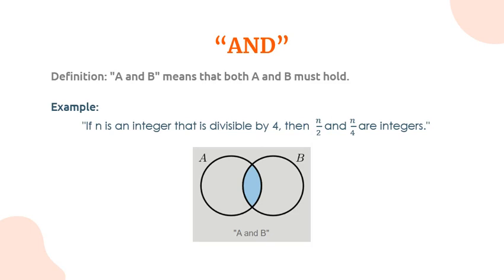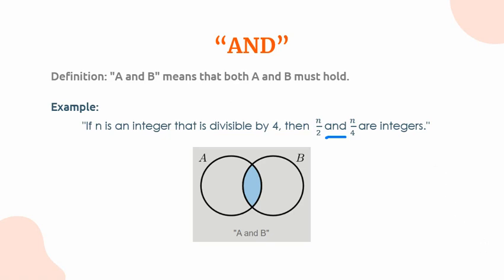And for example here, consider the statement, if n is an integer that is divisible by 4, then n over 2 and n over 4 are integers. Okay, so although our example here, mura siya og if then no dili siya mura, but if then ang ihang form, but here we use and no sa ato ang then nga statements.